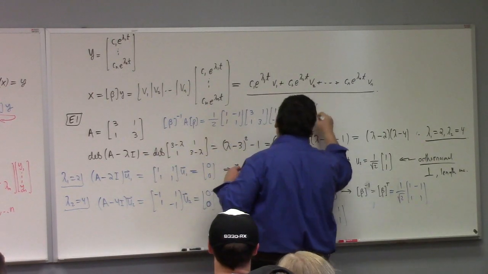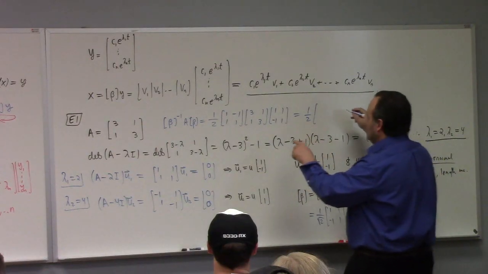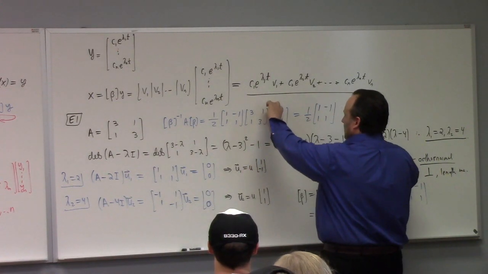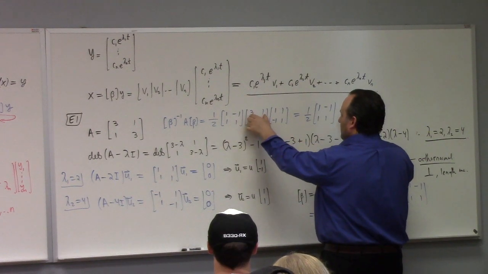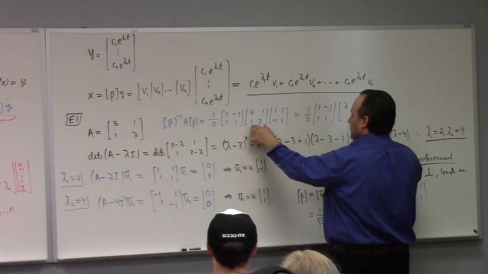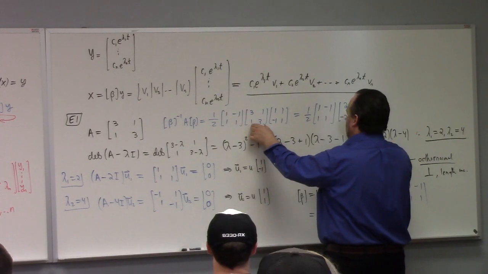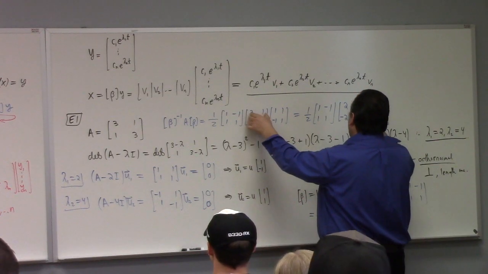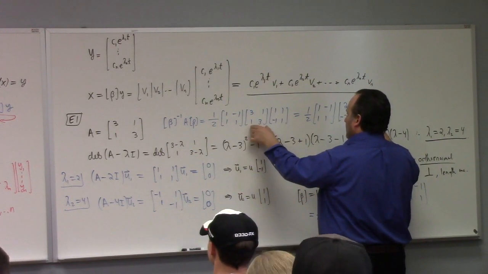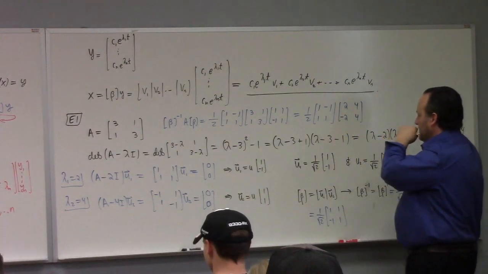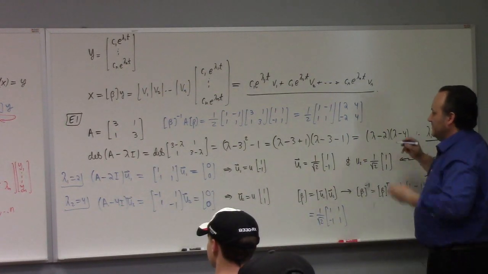So let's multiply that all out. What do we got here? I get 4 minus 1 is 2. I get 1 minus 3 is minus 2. I get 3 plus 1 is 4. I get 4 again. So I get 2, minus 2 for the first column, 4, 4 for the second column.